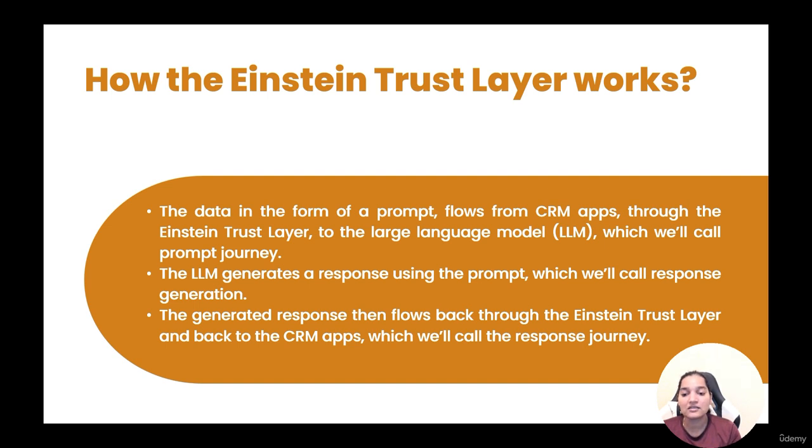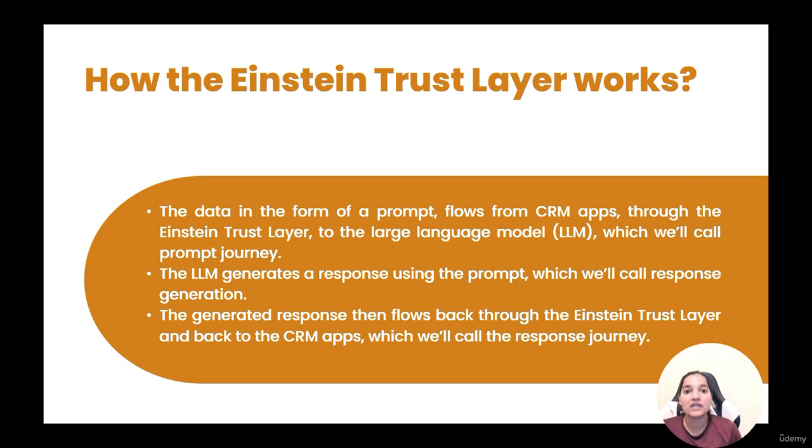The second thing is the large language model generates a response using the prompt, which we call response generation. So response generation happens at the LLM side, the large language model side. Then this generated response flows back through the Einstein trust layer and back to the CRM apps, which we will call the response journey. So this is how the Einstein trust layer works.